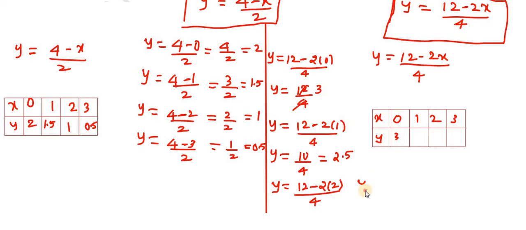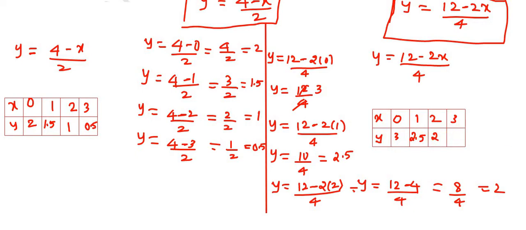So y is equal to (12 minus 4) divided by 4, which is 8 by 4, which is equal to 2. This is 2.5 and this is 2. I'll write it neatly here.